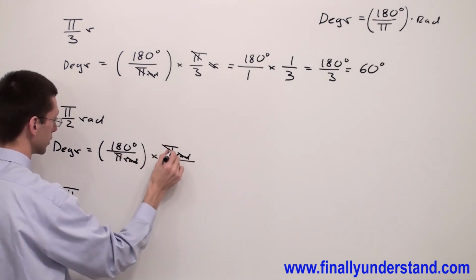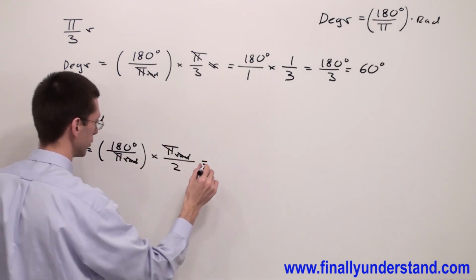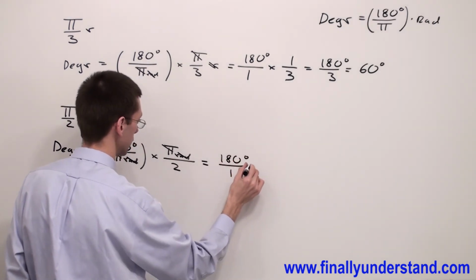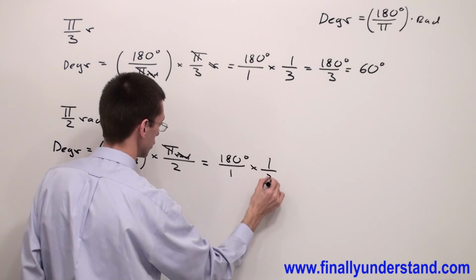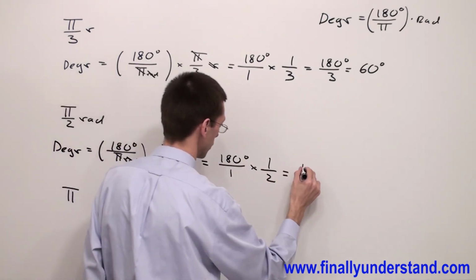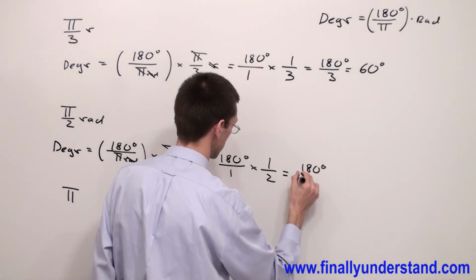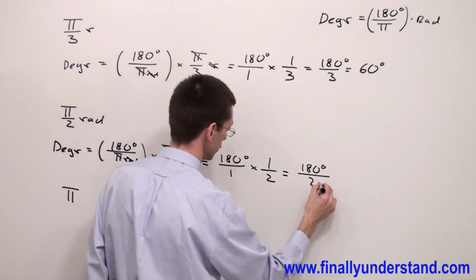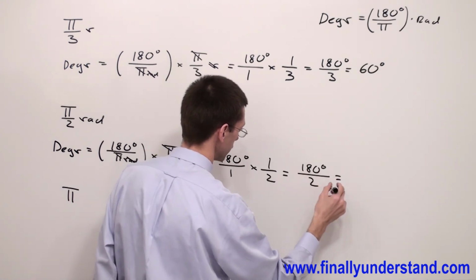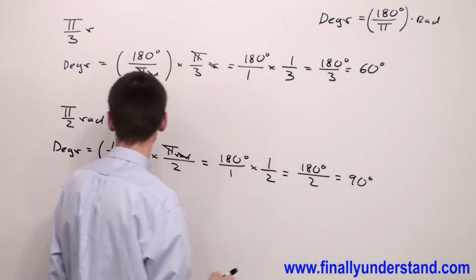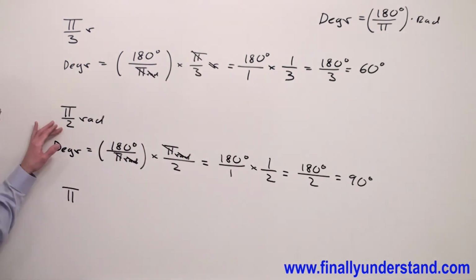Pi and pi will cancel out, and I'm going to have 180 degrees over 1 times 1 over 2. Numerator times numerator will give me 180 degrees, and 1 times 2 gives me 2. 180 divided by 2 is 90 degrees. 90 degrees is equivalent to pi over 2 radians.